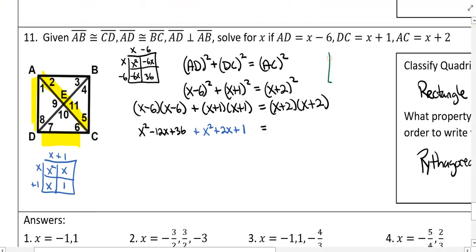And I'll do a little work up here with x plus 2 times x plus 2. You get x squared, 2x, and 4. So that's going to be x squared plus 4x plus 4.